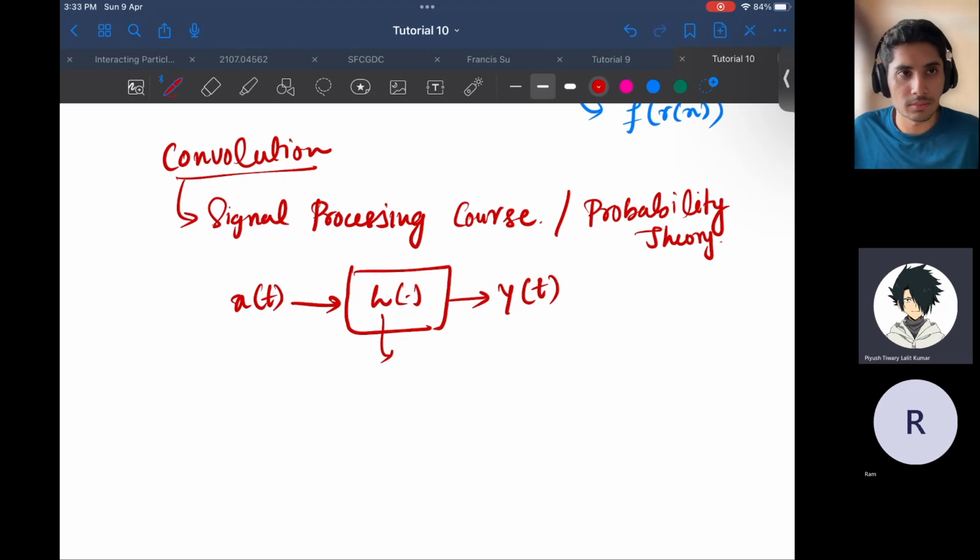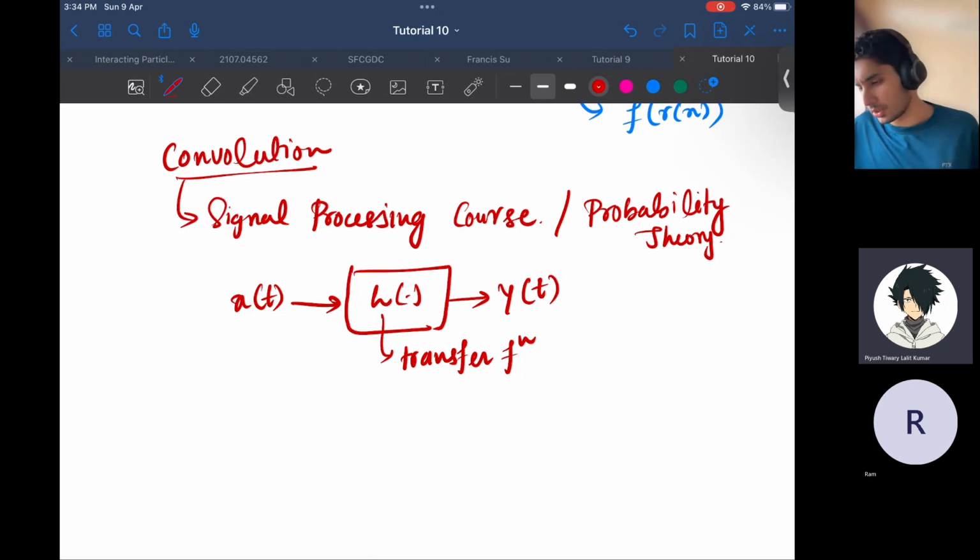I remember that transfer function is something in the frequency domain, but I don't remember the exact term for the time domain equivalent. Okay, scratch that out. So let's say h is a transfer function.